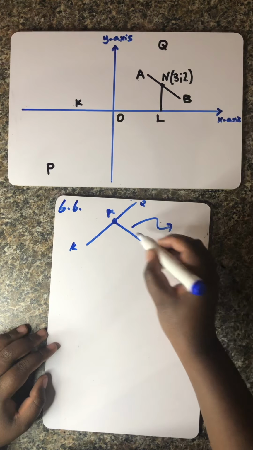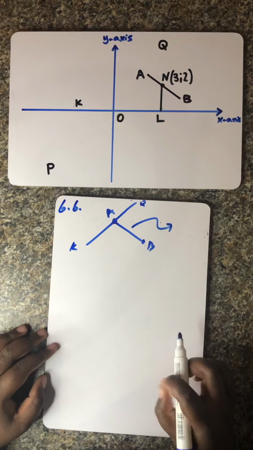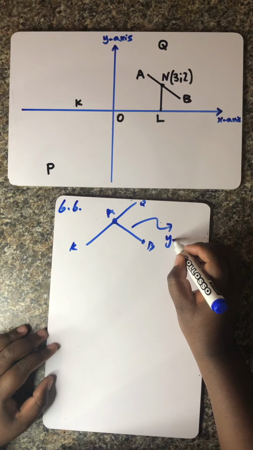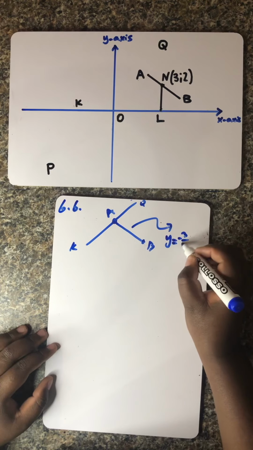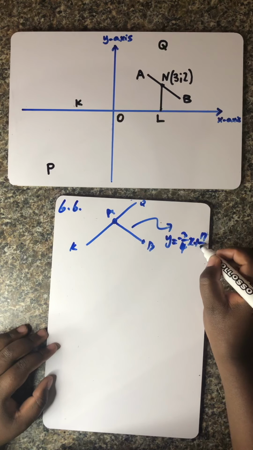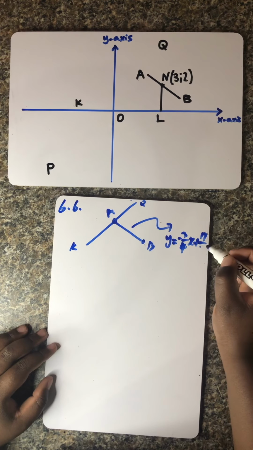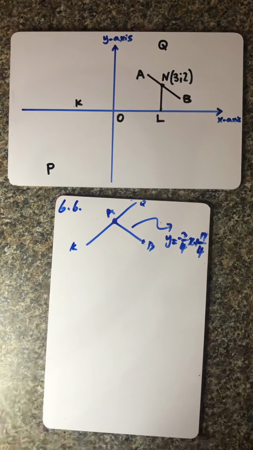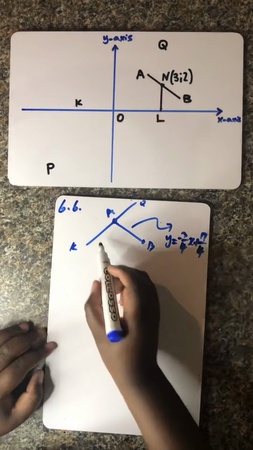The equation of that AB. Okay, what was it? I think it was y equals -3/4 x plus 17 over, was it 3 or 4? I think it was 4, ladies and gentlemen.